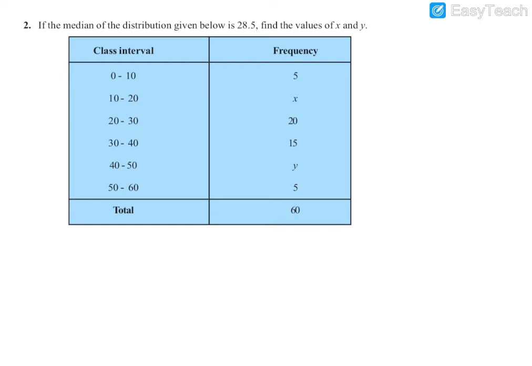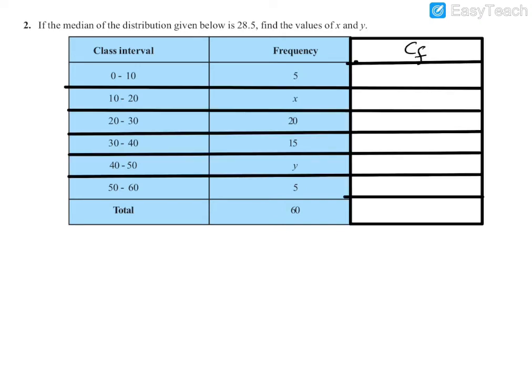So let's draw one more column so that we can write down cumulative frequencies. Since we are finding less than cumulative frequency, so we copy the first frequency as cumulative frequency for 0 to 10. So the first cumulative frequency will be 5.